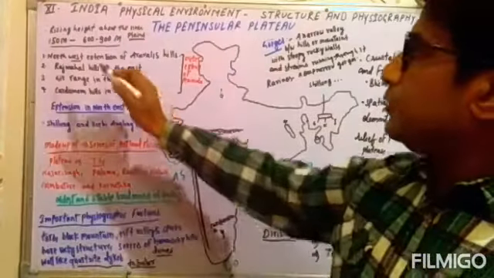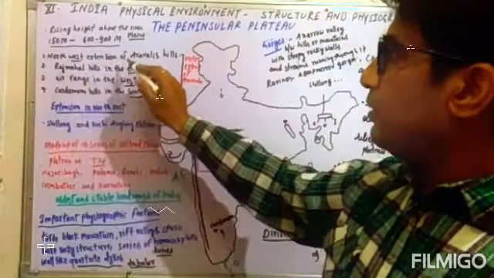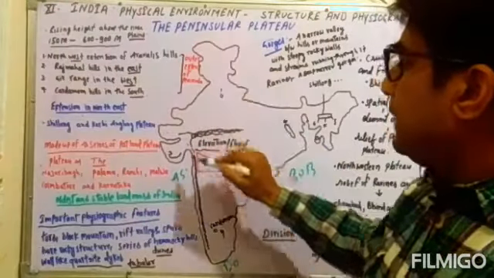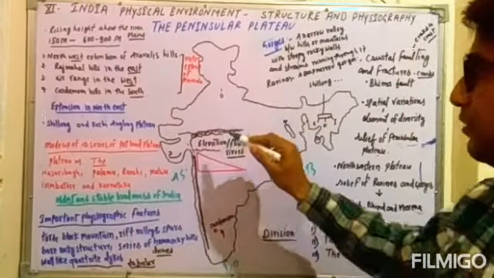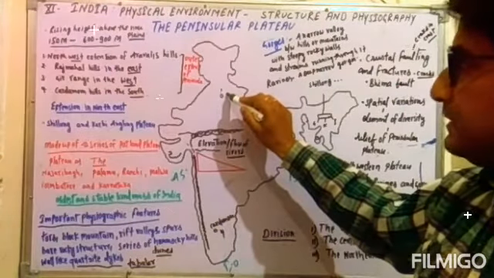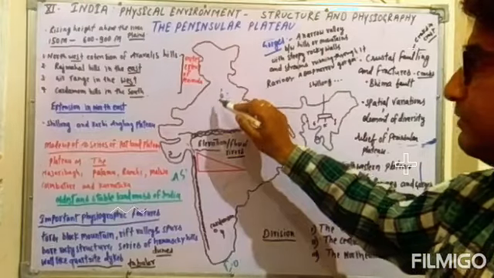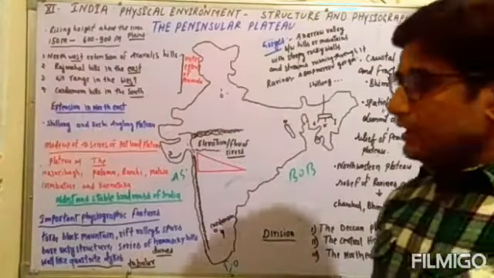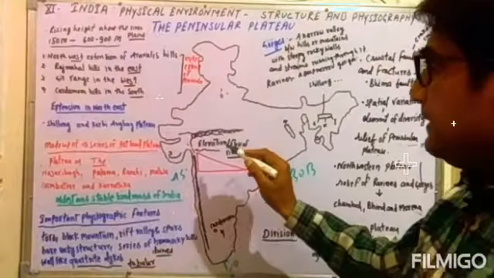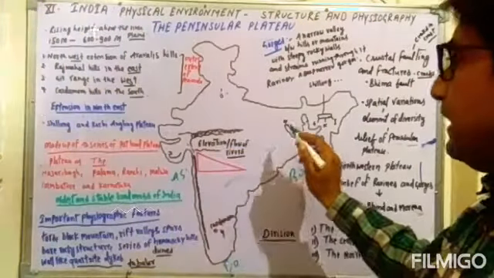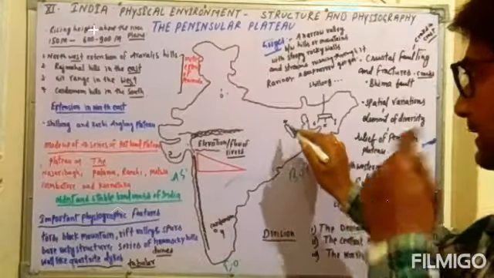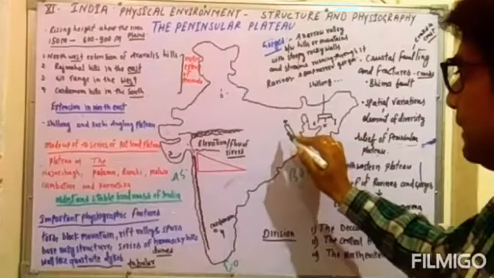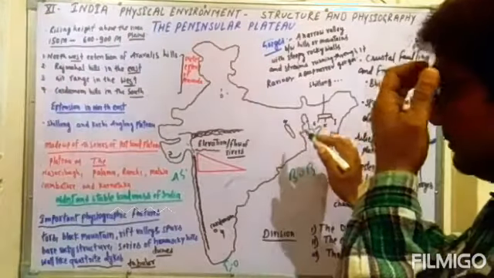The northwest extension of the peninsular plateau can be seen in the Aravalli hills, up to Delhi and Haryana. Second, the Rajmahal Hills are the boundary from the east, located between the Western Ghats and Assam.